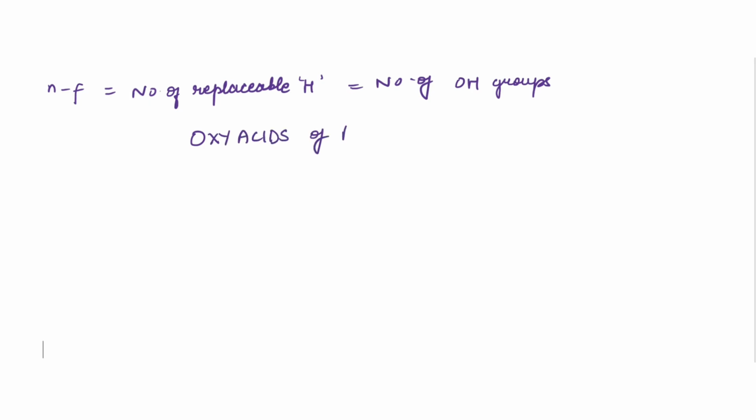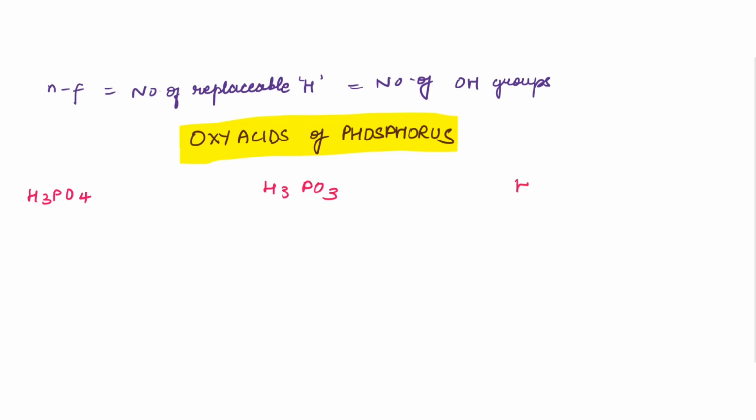Let's take the oxyacids of phosphorus. First acid, H3PO4, phosphoric acid. H3PO3, phosphorus acid. H3PO2, hypophosphorus acid.